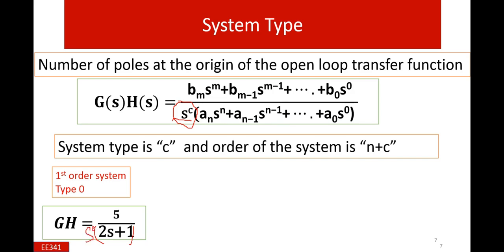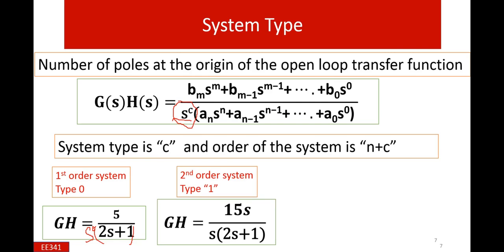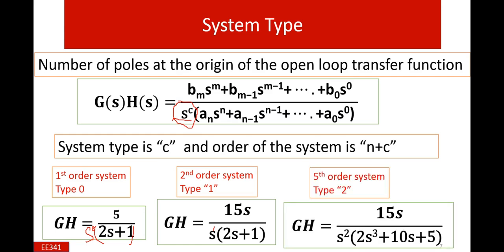There are 0 poles at the origin. And similarly, in this case, there is 1 pole at the origin, so this is a type 1 system, and the total s raised power is 2, so it is a second order system. And similarly the next example. So this defines the type of the systems.